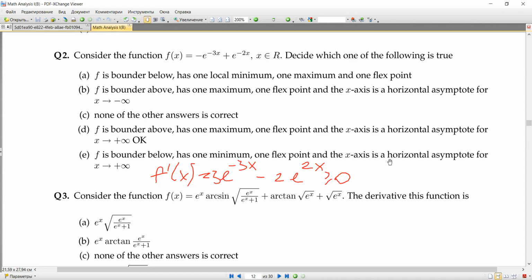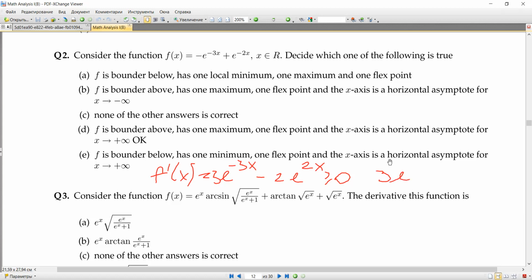Do we have stationary points or critical points here? How to find stationary points? Yes, we have. How to find them? Or we don't have.